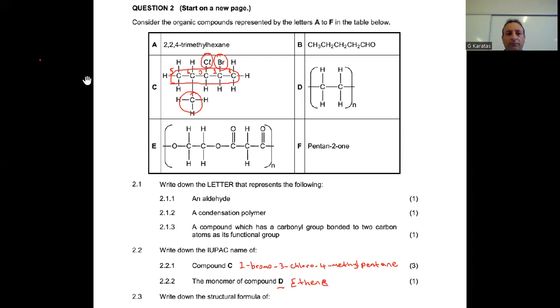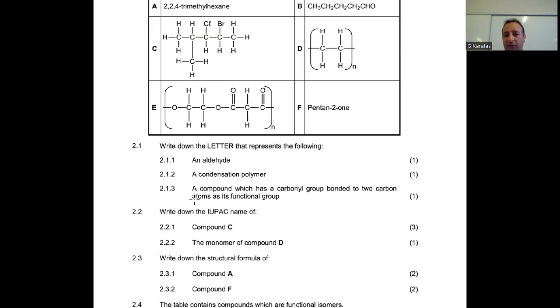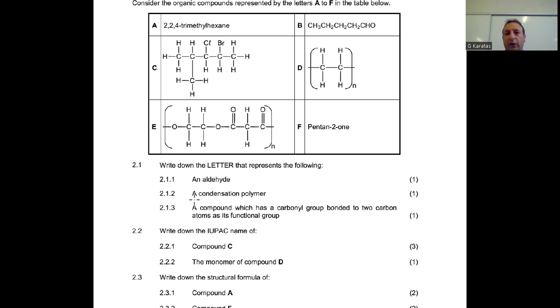And then the next one is: write down the structural formula of compounds A and F. Okay, structural formula of compounds A and F. A is an alkane, so let us write its structural formula. In compound A, we have 6 carbon atoms, hexane. So I need to write 6 carbon atoms repeating each other.